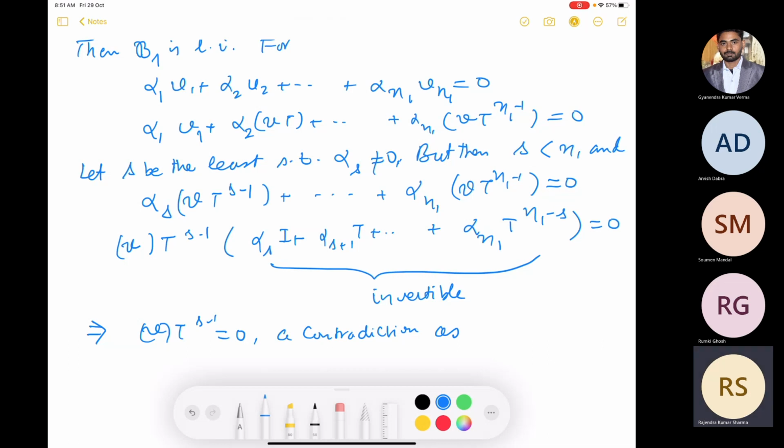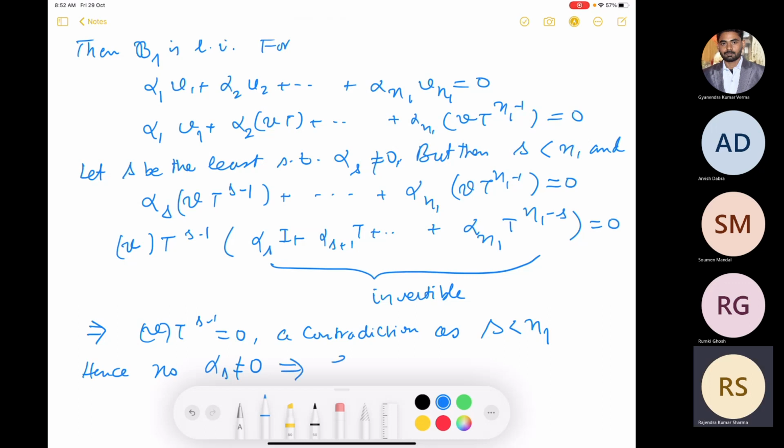Because this happens for every v, s is less than n1. Hence there cannot be any, hence no alpha s is not 0.